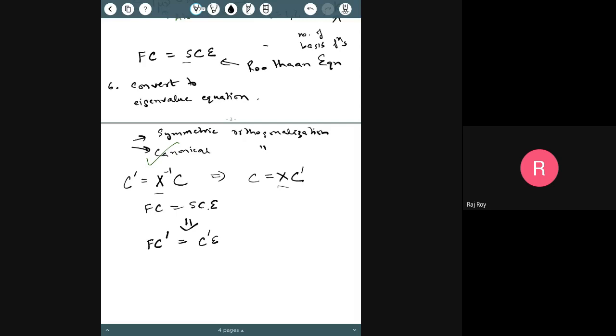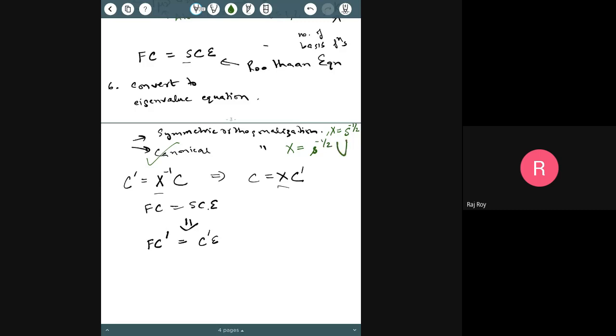So for symmetric orthogonalization, your X would have been simply S to the power minus half. And for canonical, X is equal to the eigenvalue small s to the power minus half U.